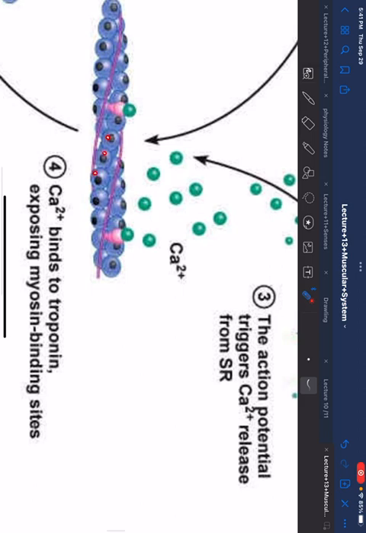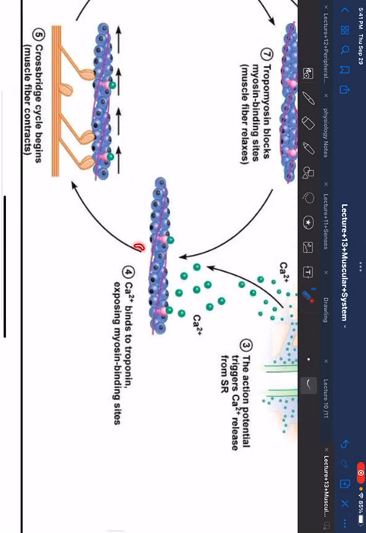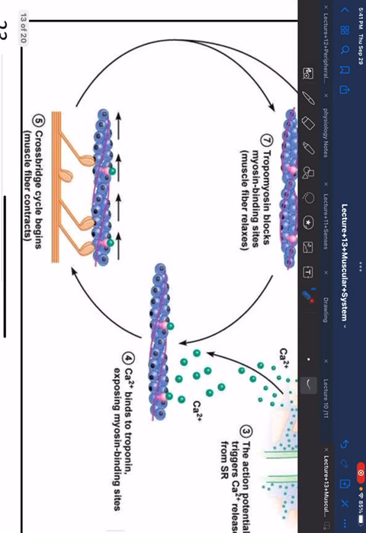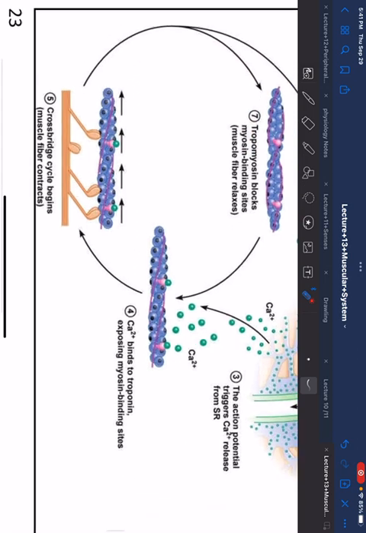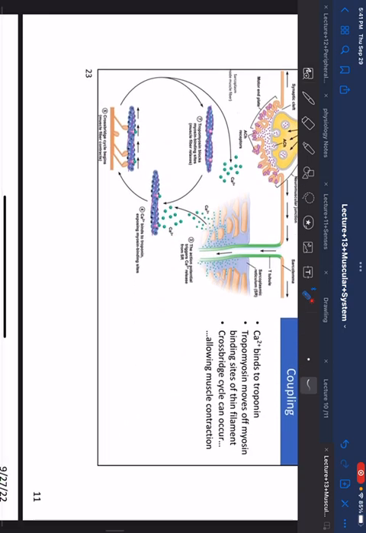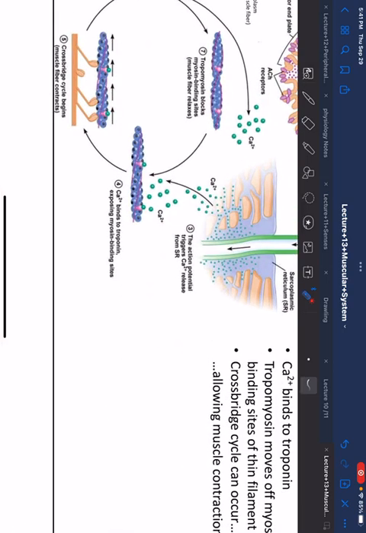Because we move tropomyosin off these binding sites, the myosin can now interact with those binding sites, perform power strokes, and allow for cross-bridge cycling and muscle contraction. So that's why calcium is also required for muscle contraction. It exposes the binding sites for the myosin head so that we can get cross-bridge cycling.